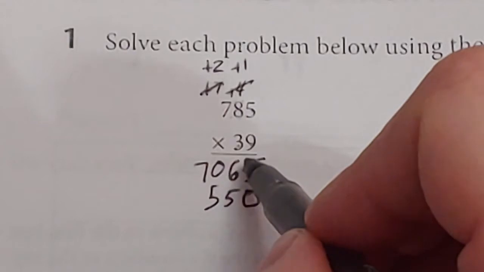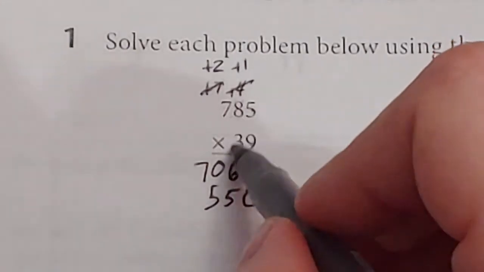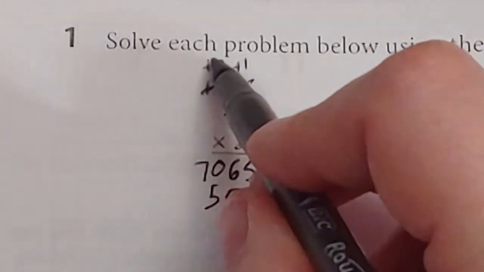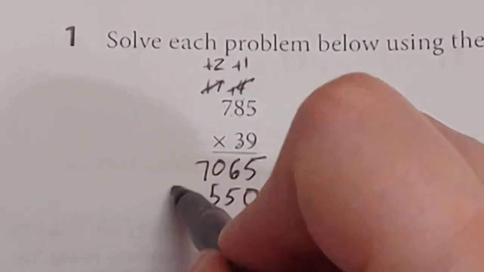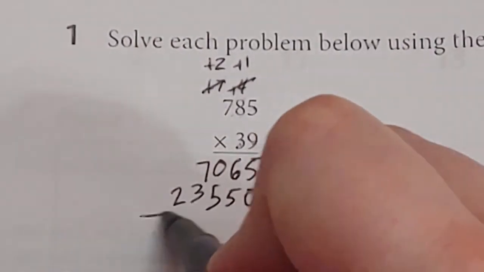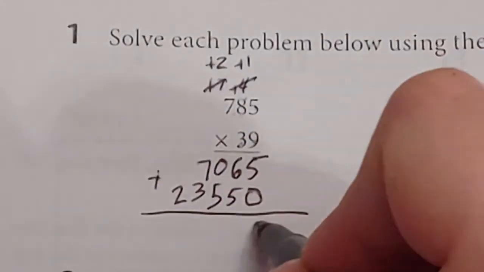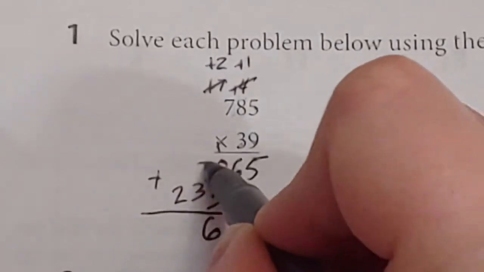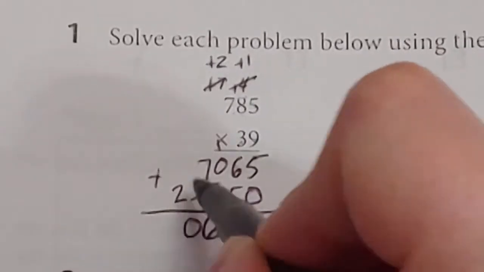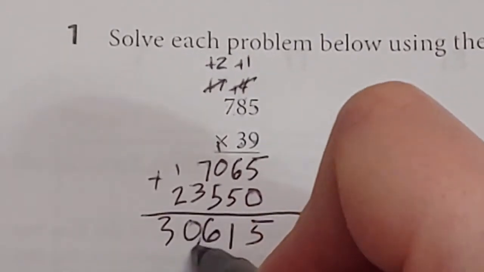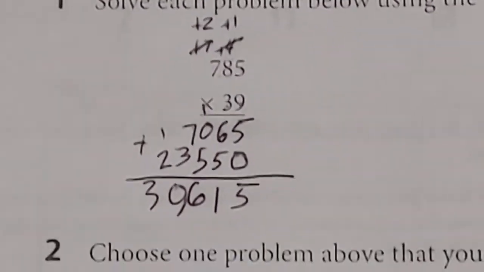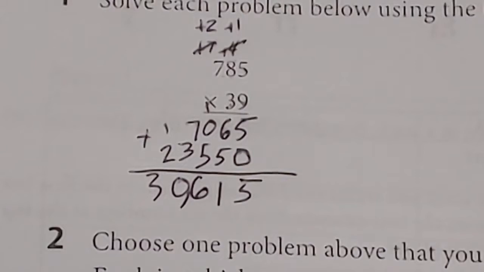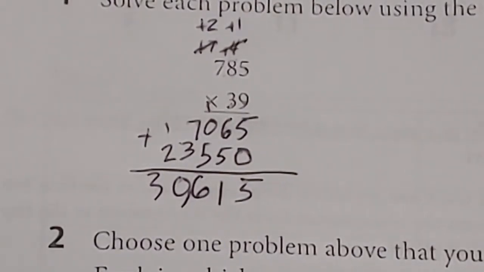Well, that was 24, so I can go backwards 3, which would give me 21 plus 2 more. 23. So 5, 11, 6, 7, 8, 9, 10. 30,615.